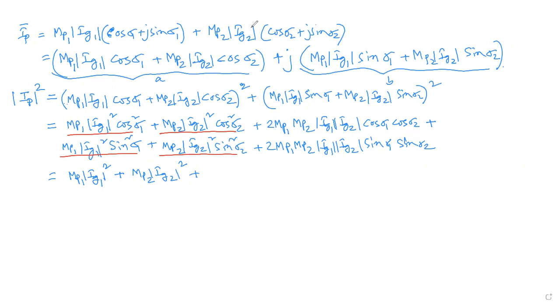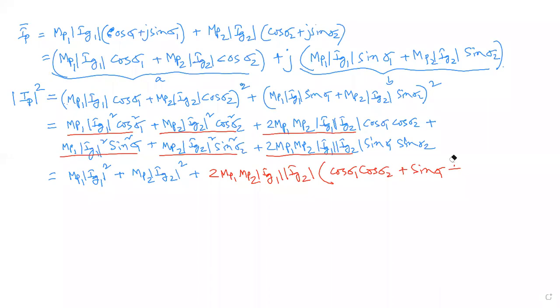The remaining part, we simply have to take common. What is common in both parts of the expression is 2 MP1 MP2 IG1 IG2, and then you have cosine sigma 1 cosine sigma 2 plus sine sigma 1 multiplied by sine sigma 2.